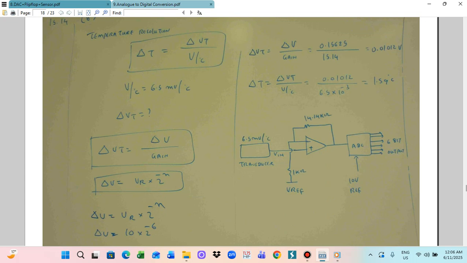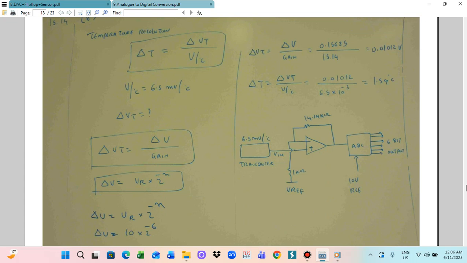This is the negative input with 14.14 kilo ohm, connected to 1 kilo ohm, with the reference voltage. Then this is the output here.